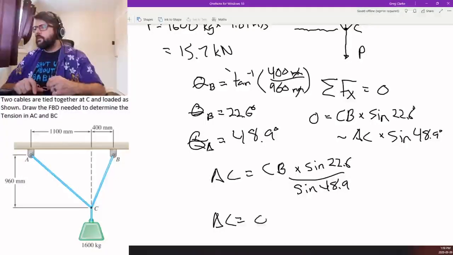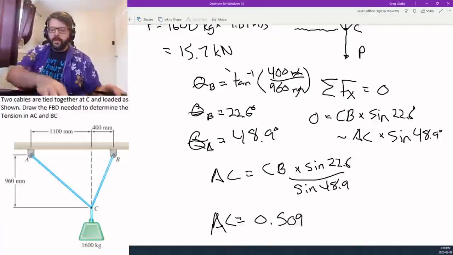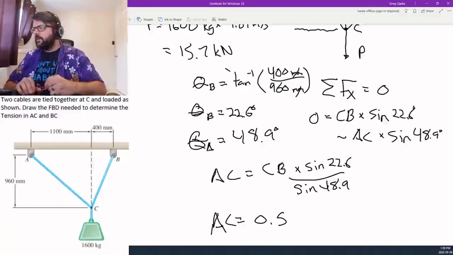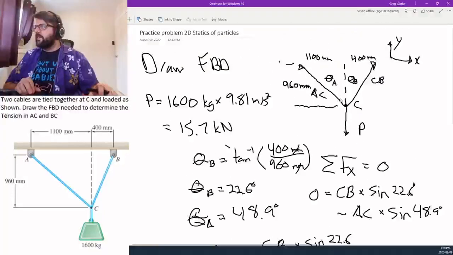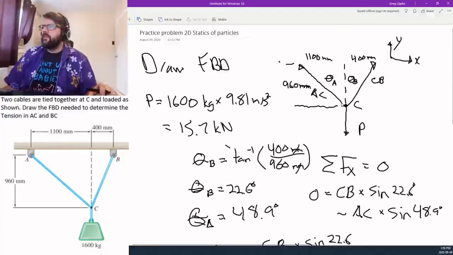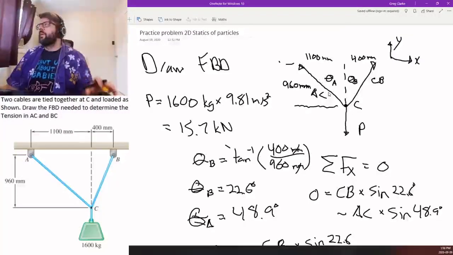AC is equal to 0.509, 0.501. Sorry, 0.51 CB. And again, we did expect AC to be smaller, because otherwise the horizontal component would overpower CB there.